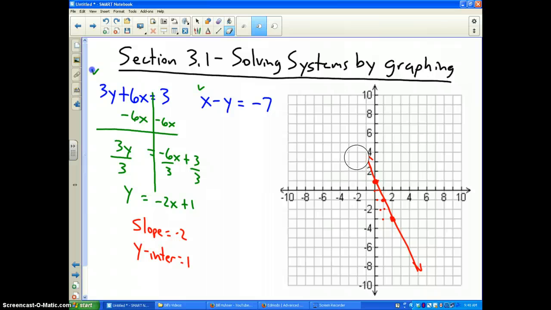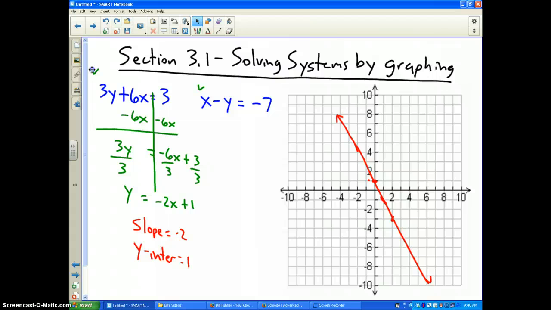I should probably extend that graph so that it goes through most of the grid, because we never know for sure where the intersection point is going to be, which is what we are looking for. So I should take this line as best I can on the smartboard and extend it.